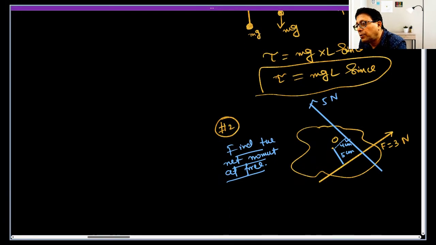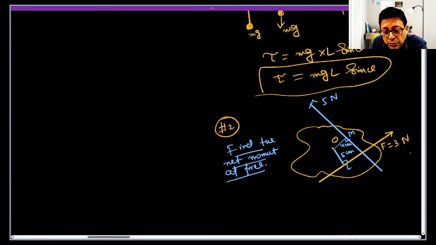How to find it? Net moment of force. This is OL, one lever arm, one perpendicular. OM is another perpendicular. 3 Newton force is acting on the object, but when you draw the perpendicular, we will imagine that it is acting on this perpendicular only.